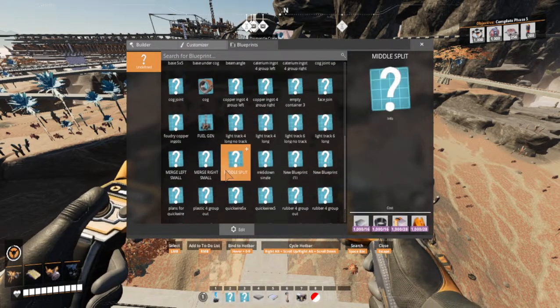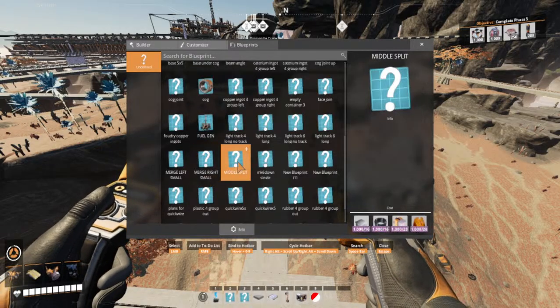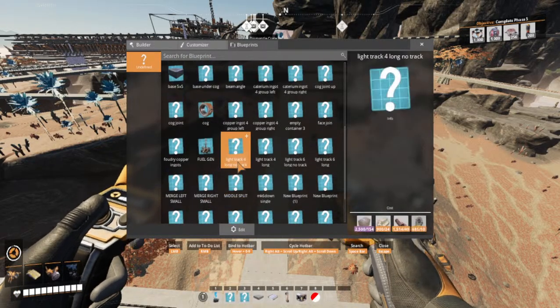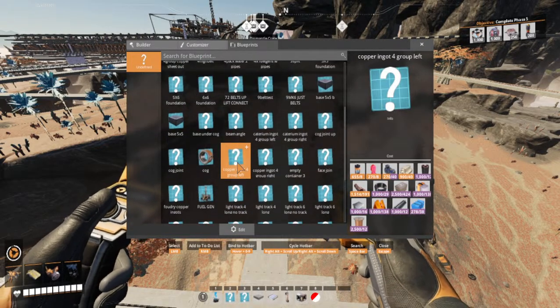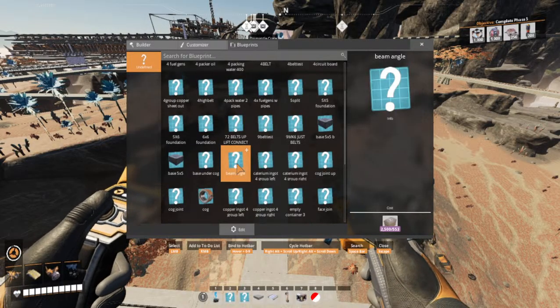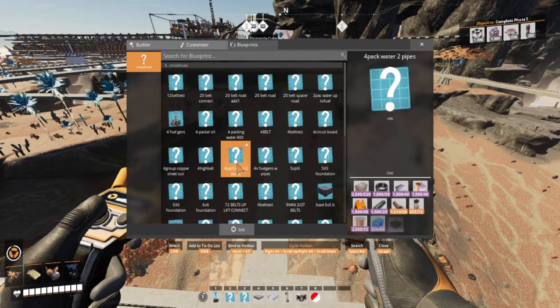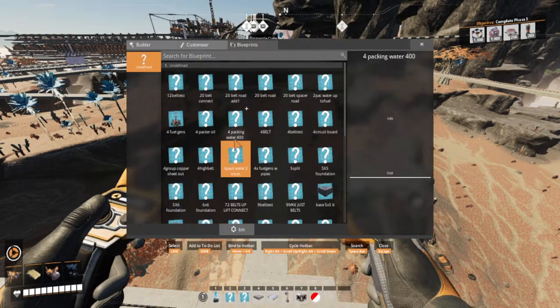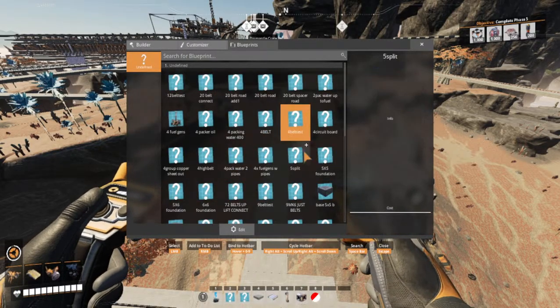Plans for quick wire. Middle split. Merge right, merge left. No, no, no. Fuel gen, no. 4 group. Oh, is it a 4? There's a 5 group. 6x6 foundation, 4 packer fuel, 4 packer. 5 split.